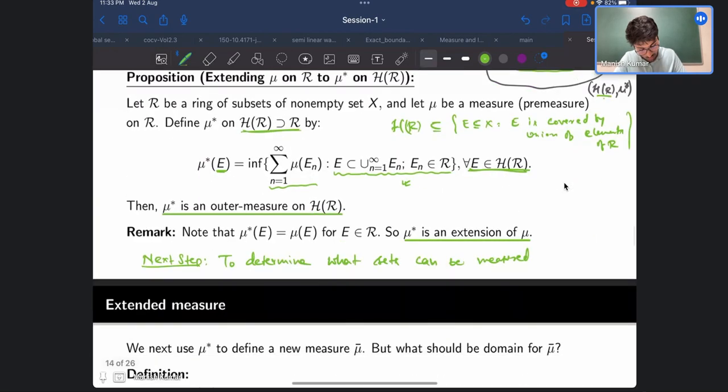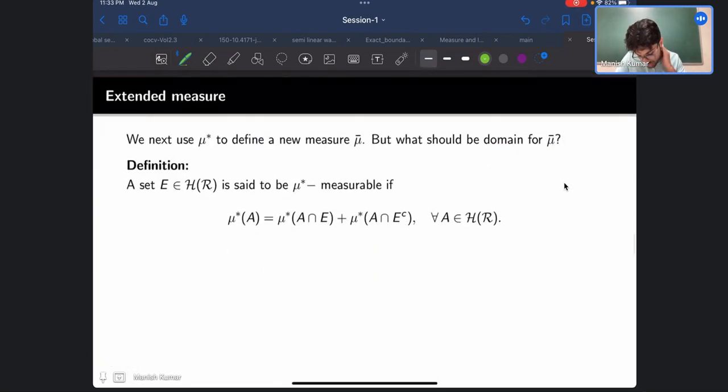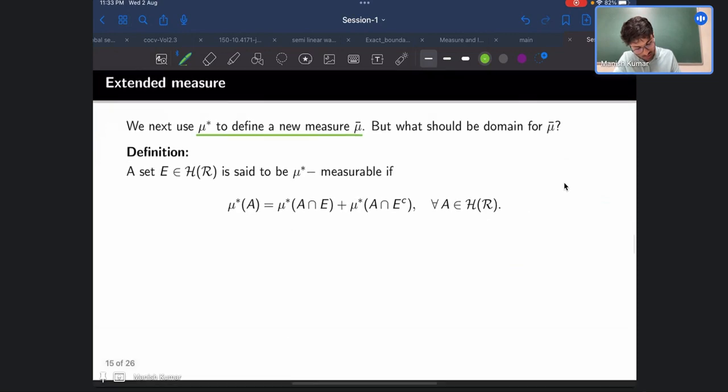Let us see how to define this. Our goal is to use this mu star to define a new measure mu bar. This is what we mean by measurable set. A set E is said to be mu star measurable if mu star of A is equal to mu star of A intersection E plus mu star of A intersection E complement for all A in HR. What it basically means is, suppose this is your E, which is given, and you want to check whether it is measurable or not.